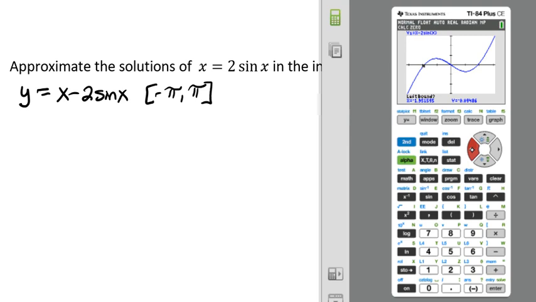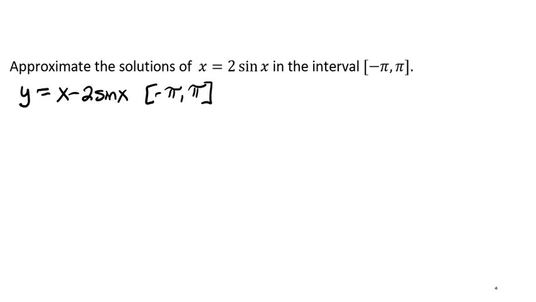So there's our first solution point, so we're going to go to the left of it, hit enter. Now it's asking us to go to the right side of that. And now we want to make sure that our intersection point is between our 2 lines, which it is. So we'll hit enter. And it's going to give us our first solution of negative 1.895. So let's write that down.